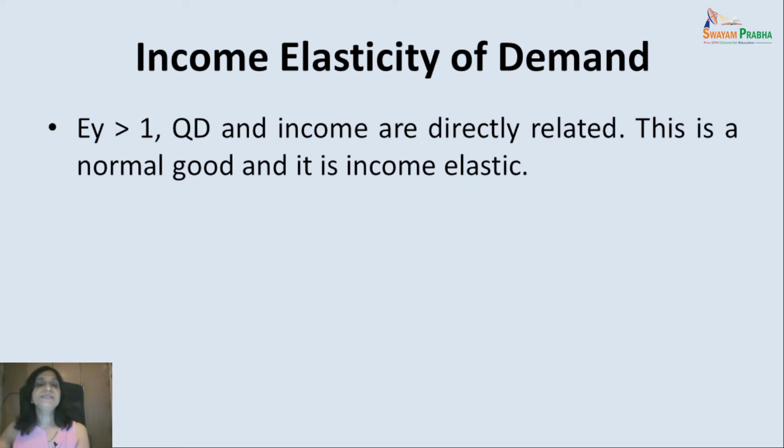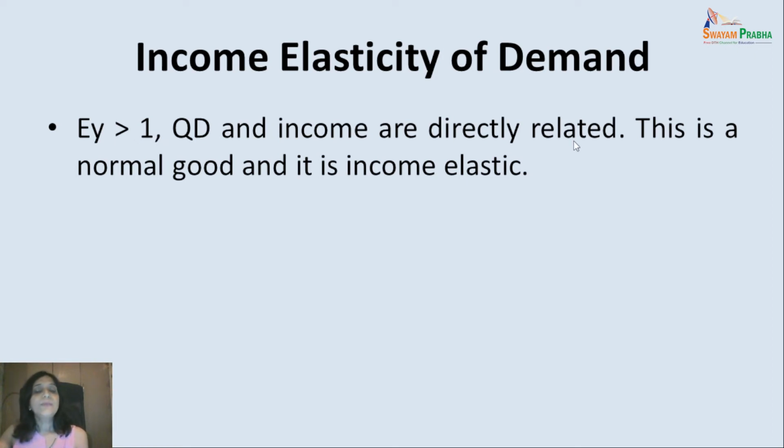Now, as we have seen the types of elasticity of demand for price, similarly, when we calculate income elasticity of demand by comparing the percentage change in quantity demanded to the percentage change in income, the answer which you get, EY, that is your income elasticity of demand, may be greater than 1, which means that your quantity demanded, represented by QD, and income are directly related.